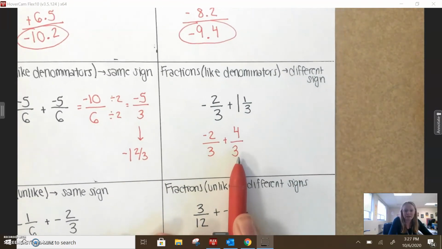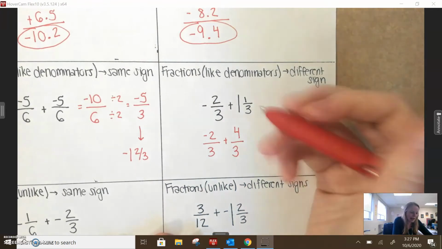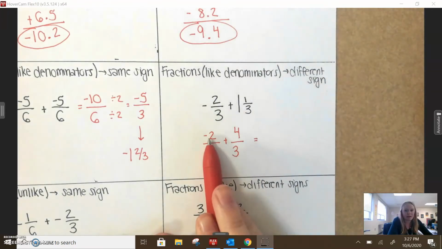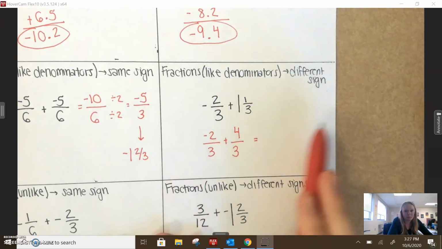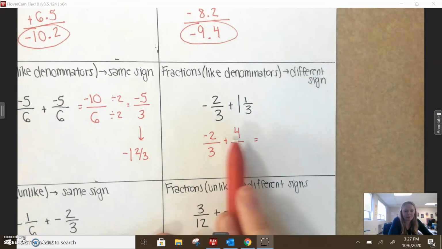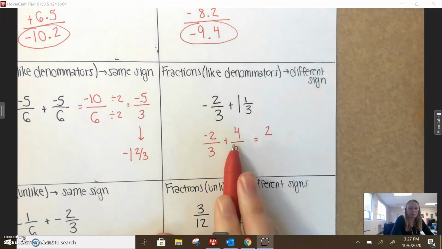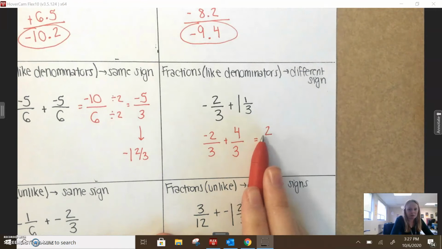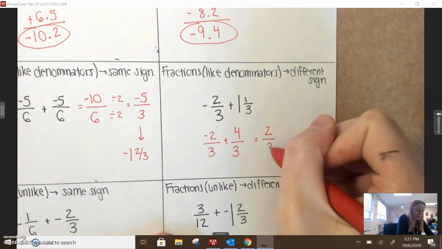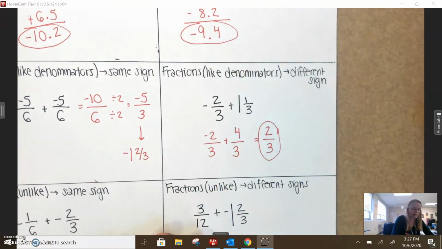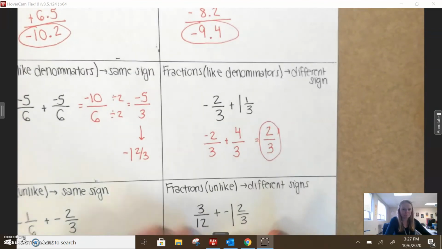Since the denominators already match, I can just add. Now when I add my numerators, I have 1 negative, 1 positive. So that's different signs. So really in my head, I have to do subtraction. 4 minus 2 gives me 2. The number with the higher absolute value was 4, so I keep this positive. The denominator stays the same, so my final answer is 2/3.